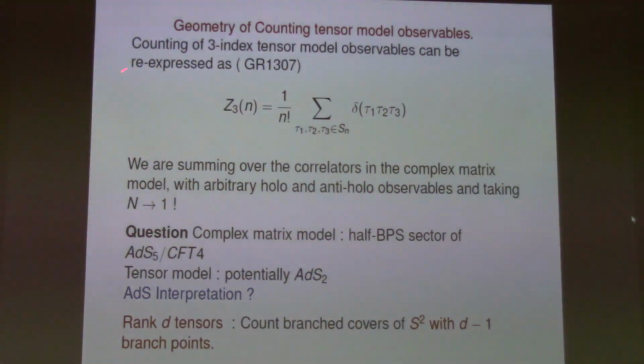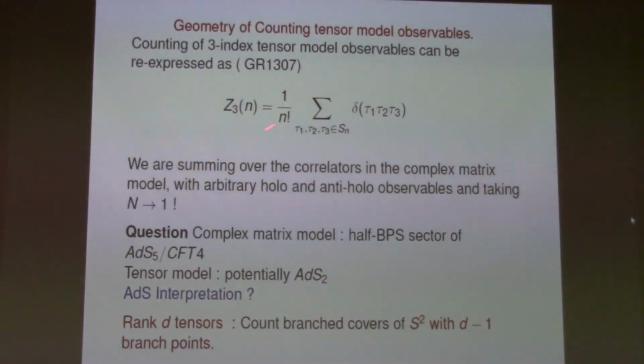First of all, if you just count the 3-index tensor model observables, just counting at this point, this is Z3 of n that I showed you, you can rewrite that as counting triples of permutations subject to multiplying to 1. So you're counting branch covers of S2 with 3 branch points, which also tells you that the counting of observables in the tensor model is related to correlators of the complex matrix model.